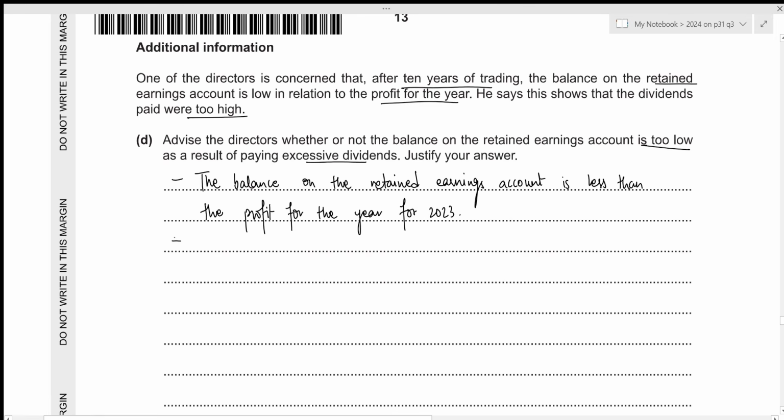Okay. The second thing we can see is that this low balance of retained earnings may not be due to just the dividends. It might be due to the fact that the company made losses during previous years, due to which the balance on the retained earnings account was negative. Let's write it down. This low balance may not necessarily be because of dividends.